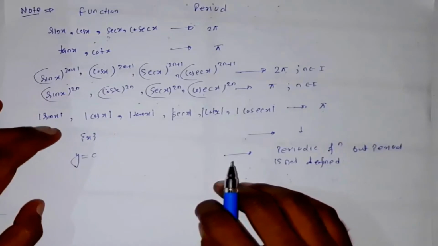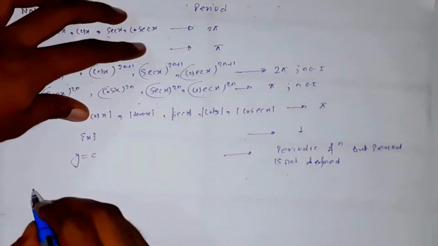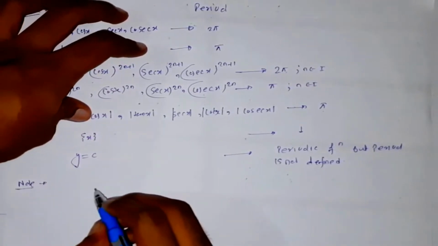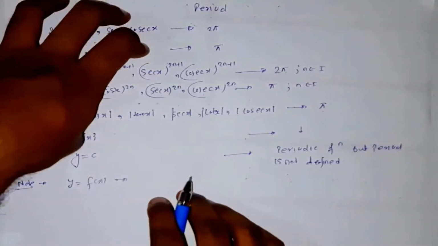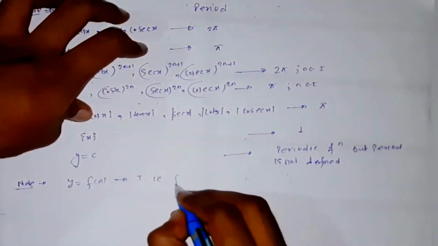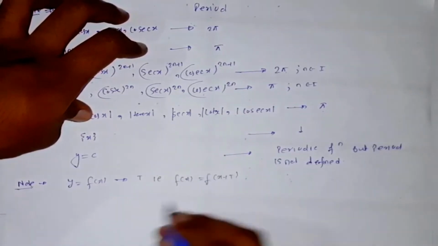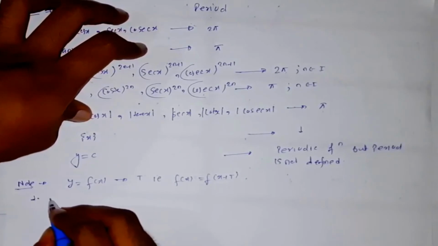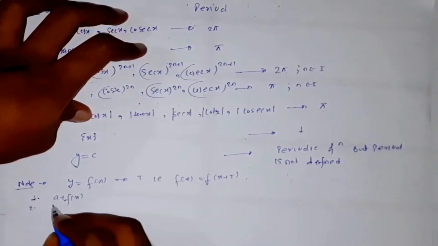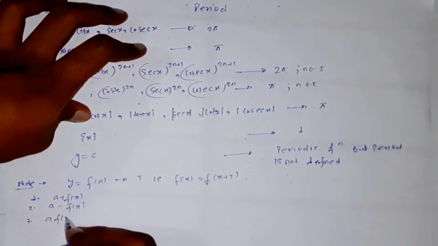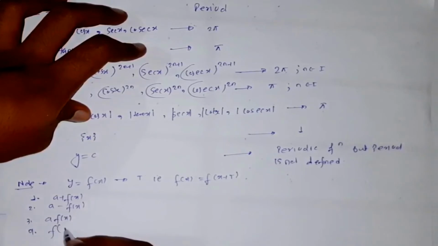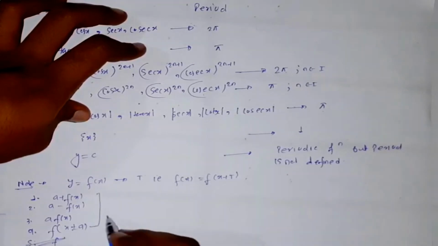So one note again I want to tell you that if y equals f of x has a time period, or we can say period, t, that is f of x equals f of x plus t, then we can say a plus f of x, a minus f of x, a f of x, f of x plus or minus a, the period of these types of functions will again be t.